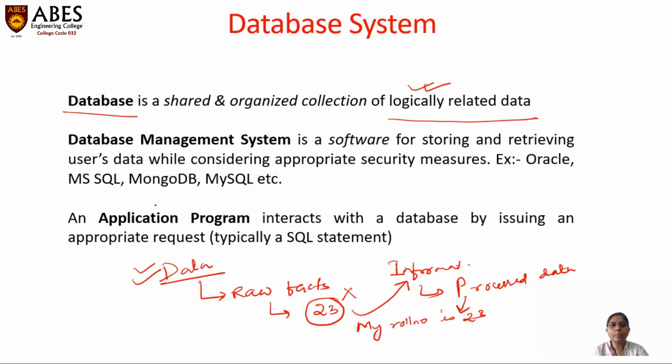While we're going to make a database, it must contain a collection of logically related data, meaning the data we are going to store must be from a particular domain.